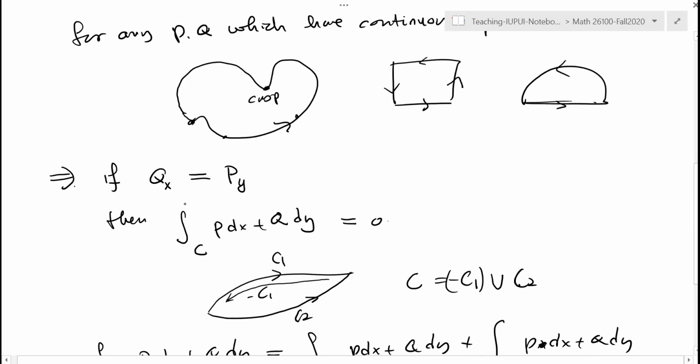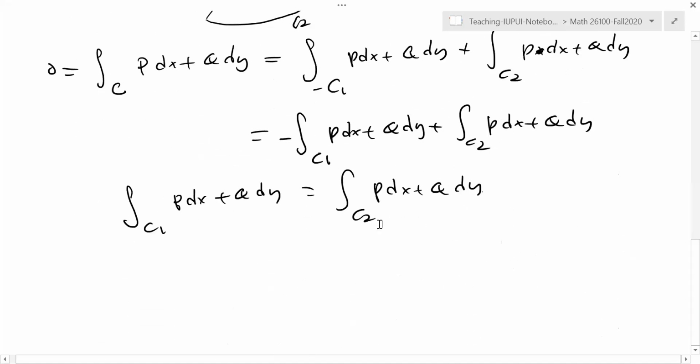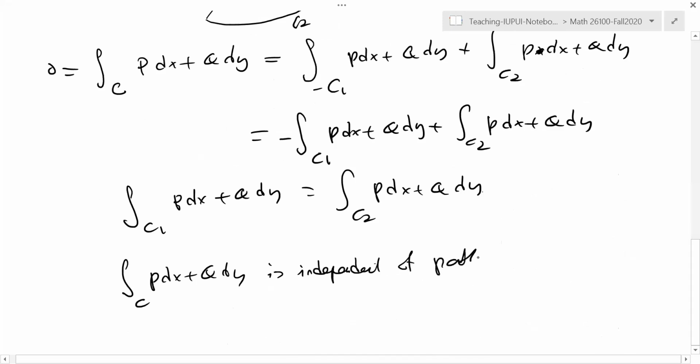But Green's theorem is true under the assumption that the domain is simply connected. So this also concludes that the line integral of p dx plus q dy, for any path, not closed, is independent of path.